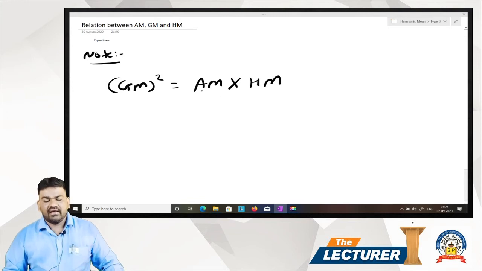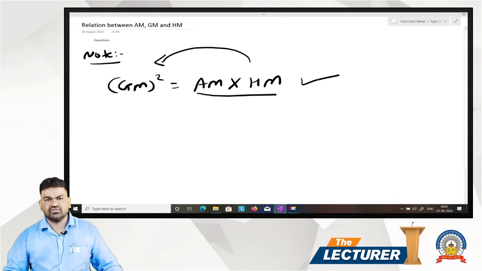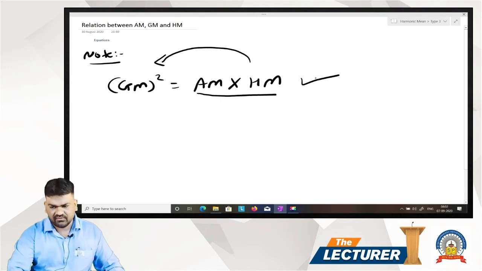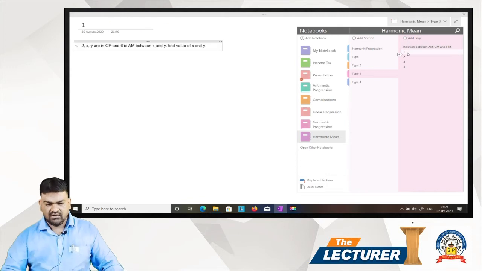That is, if we multiply the arithmetic mean and the harmonic mean, the product equals the square of the geometric mean. This is very important for us. Remember it for calculation of sums: GM square is equal to AM multiplied by HM.